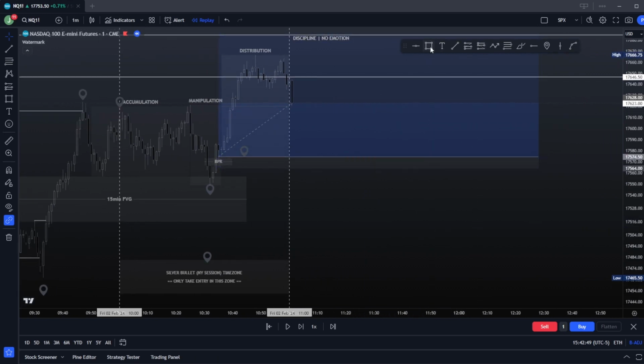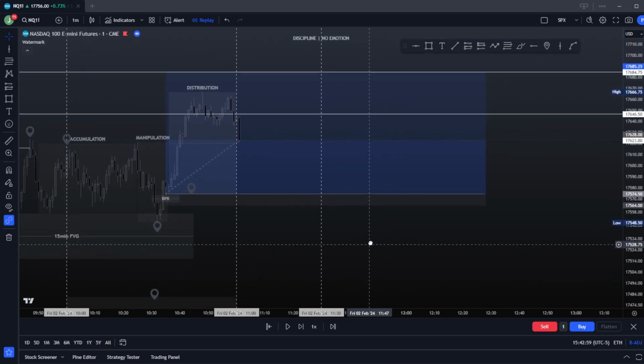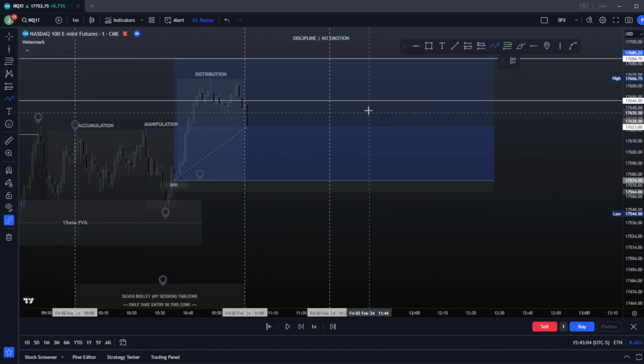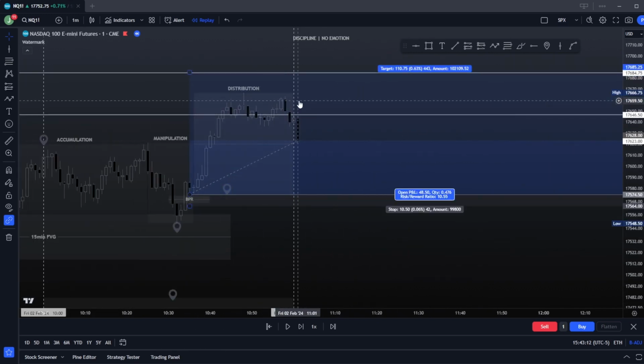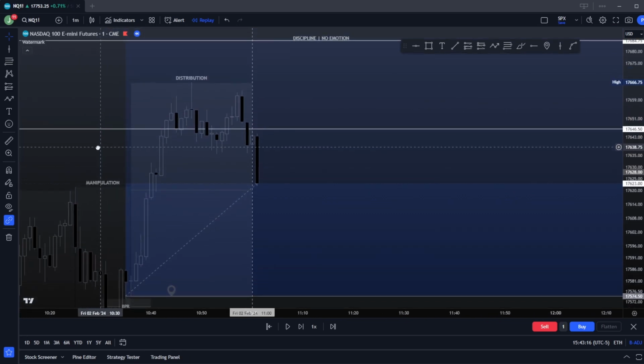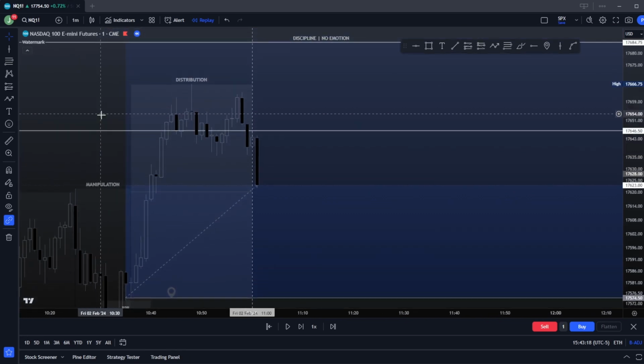However, a lot of times it does extend out to like 11:30 on some moves, because then lunch hour starts to hit, and we all know lunch hour is just a hot mess. But now at this point, we've reached the end of the silver bullet time zone.